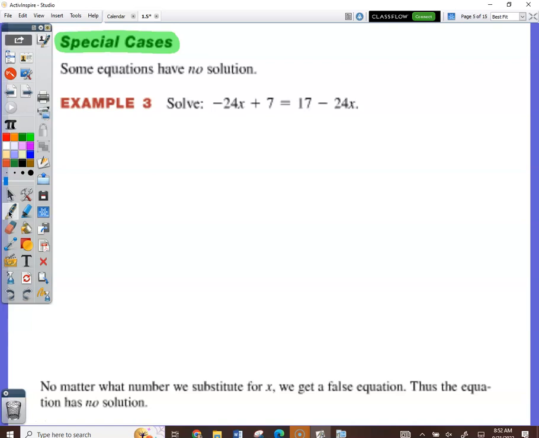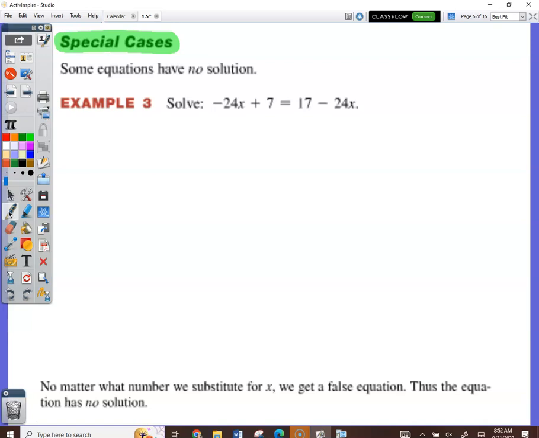All right. These next two slides are special cases. This should ring a bell. When you're solving equations, you don't always necessarily come to an answer. Look at this example. Let's start to solve it.